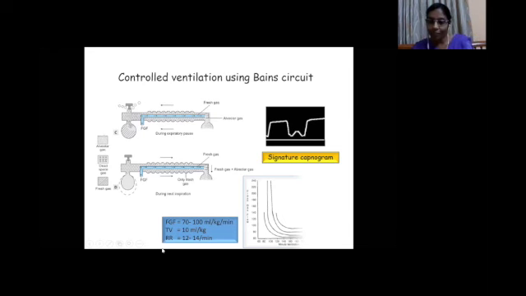Such isopleth graphs are available. This is what I've taken from Dorsch and Dorsch. We can use a variety of combinations of fresh gas flow and minute ventilation to maintain the PaCO2 in the normal range. So if you're using a minute ventilation of around 120 ml per kg per minute, we can use a fresh gas flow of around 90 ml per kg per minute to maintain EtCO2 around 38. This is how we use this graph.